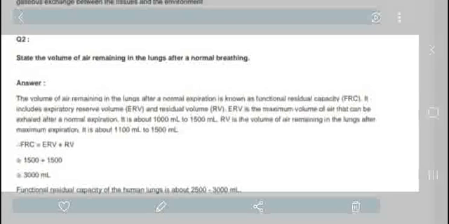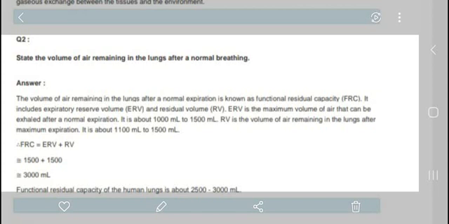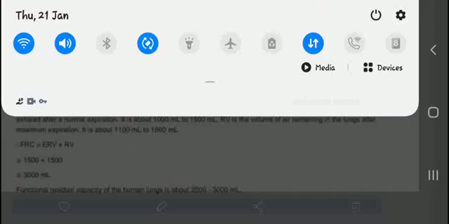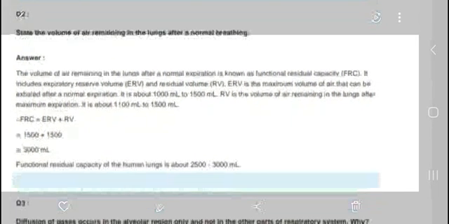Next is, state the volume of air remaining in the lungs after normal breathing. The volume of air remaining in the lungs after the normal expiration is known as the functional residual capacity, that is FRC, and it includes the expiratory reserve volume, that is ERV, and residual volume, RV. ERV is the maximum volume of air that can be exhaled after the normal expiration.